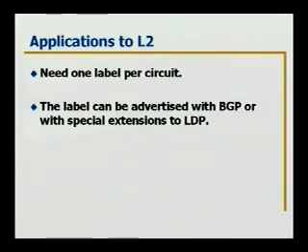The second is the Martini drafts, which use extensions to LDP in order to achieve the same thing. So the LDP protocol is extended, and rather than just advertising labels for IP addresses, it advertises labels for connections. The Martini drafts are now called the PWE3 drafts. It's the PWE3 working group in the IETF.